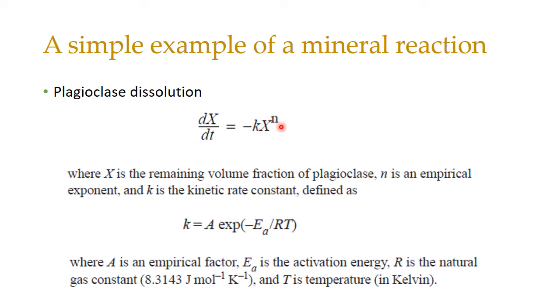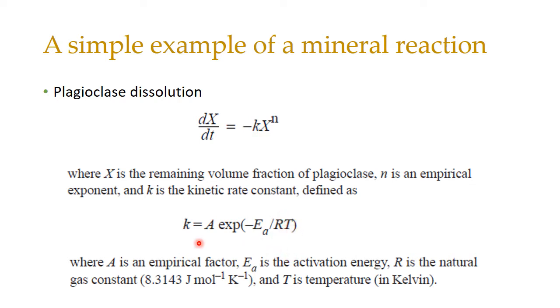So the way you get this is you look at a bunch of rock samples and think about how much plagioclase there is at each depth. And then you can fit that to time if you know how fast these things are buried. Keep in mind, though, that the rate constant is a function of temperature. And here's where the temperature fits into it.